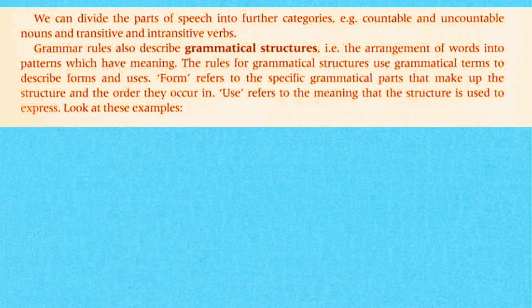The rules for grammatical structures use grammatical terms to describe forms and uses. Form refers to specific grammatical parts that make up the structure and the order they occur in. Use refers to the meaning that the structure is used to express.